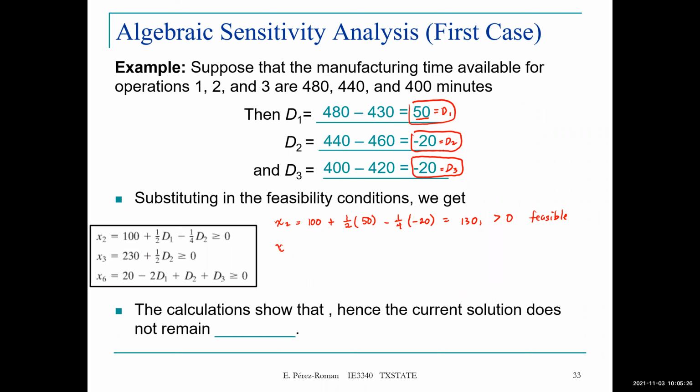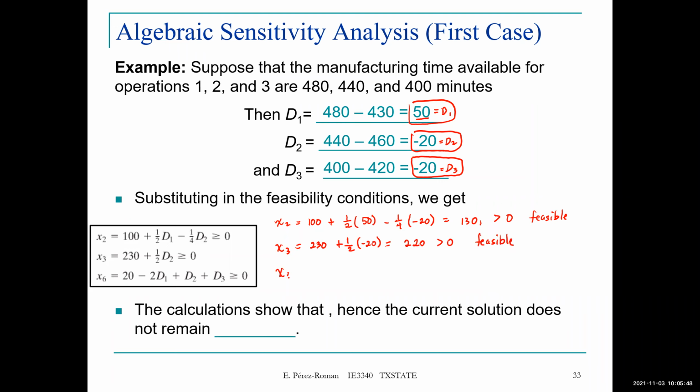Let's check X3. 230 plus 1/2 times minus 20. This is equal to 220, which is greater than 0. Also feasible.